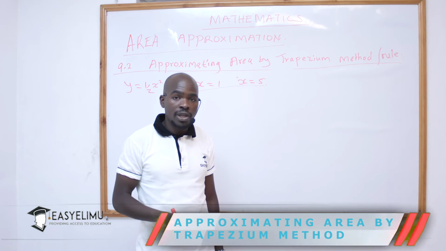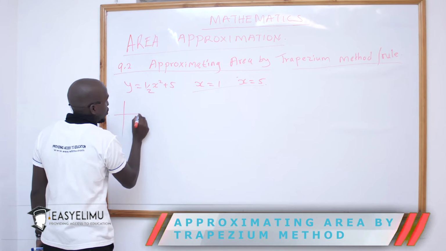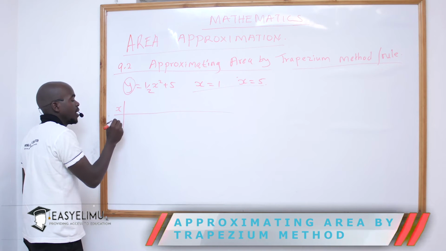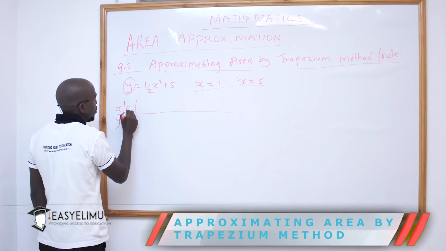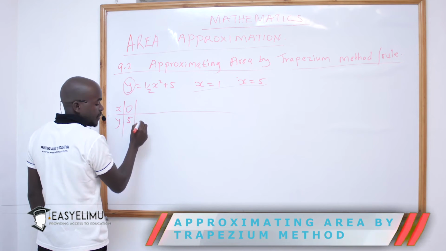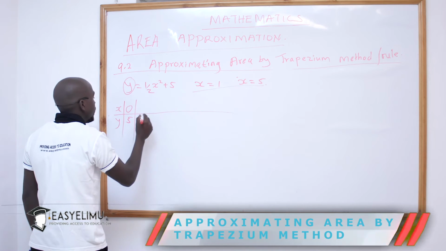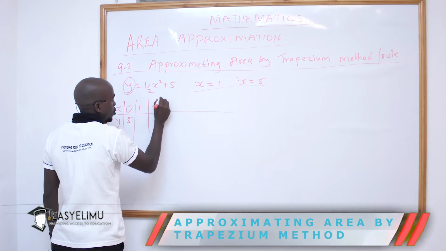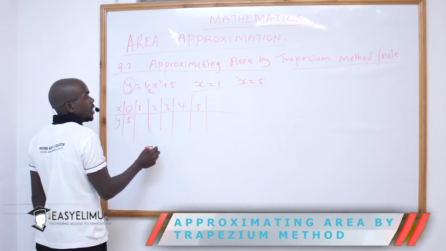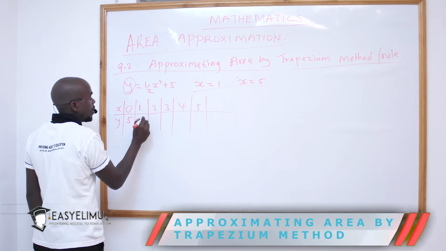What we should do first is find how we can plot that graph. If this one is x, then what should we get as y? If we put 0, we shall find y is 5. We have been given 1 to 5, so it will be 1, 2, 3, 4, up to 5. For 1 we have 5.5.